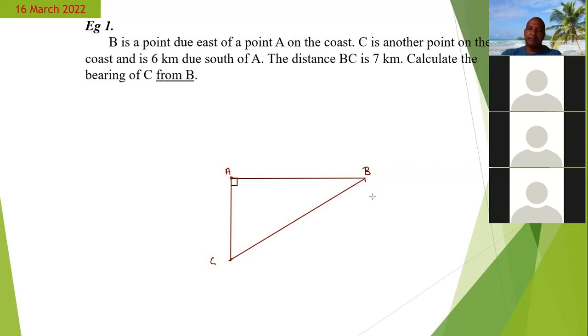Is that clear? All right, so it means that from the point B, we have to construct a north line. And remember I said to you that this should be a broken line, because your north line is not a solid line, it's actually an imaginary line, so it must be broken.